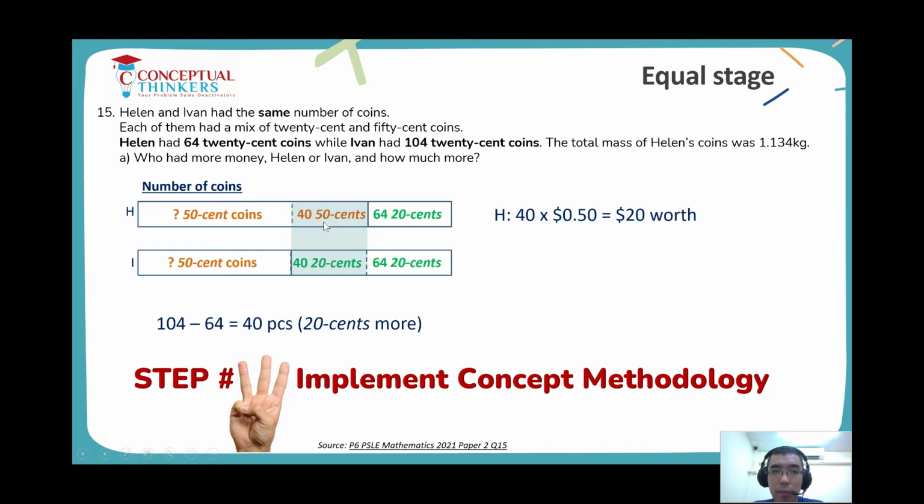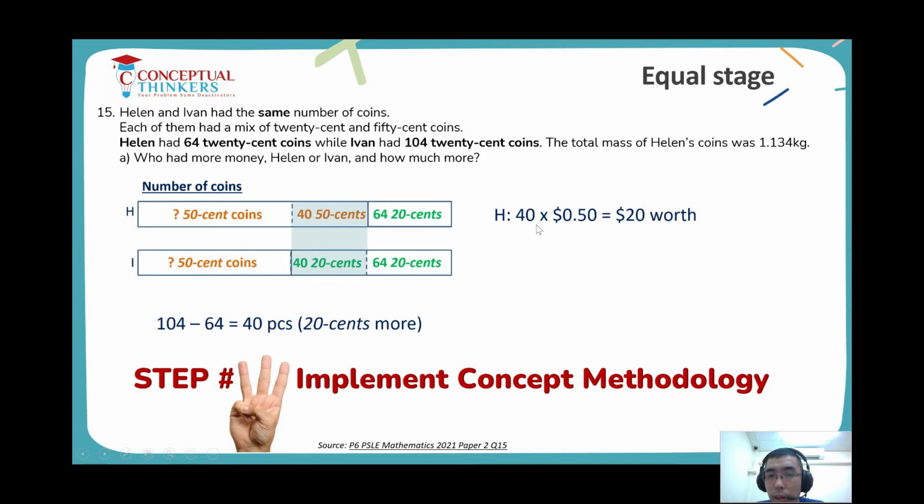And since they have the same number of coins, that means that the remaining part here, the orange part, is for the 50-cent coins under Helen. So this corresponding side will give me the number of 50-cent coins, and it must match the quantity of the 40 20-cent coins here. So for Helen, this will be 40 50-cent coins. Let's calculate the value of that.